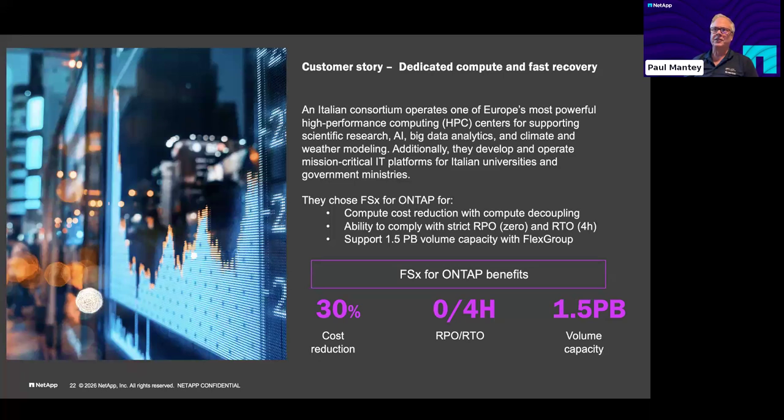So this is another interesting example around HA. You can see here they achieved exactly what we were advertising, a zero RPO, and the RTO was 4 hours. But speaking of another anonymous customer, I was talking to the CIO, and he said it's not the developers or the processes that are the bottleneck for us developing new chips.